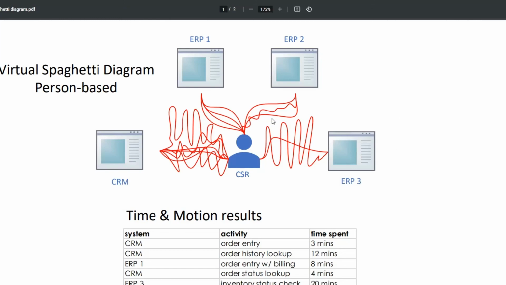That means they're spending way too much time, it seems, on the CRM. I can see that at least from down there with the work history. But let's talk about the ERP3, the inventory status. So this wiggly long line is that 20 minutes, right?